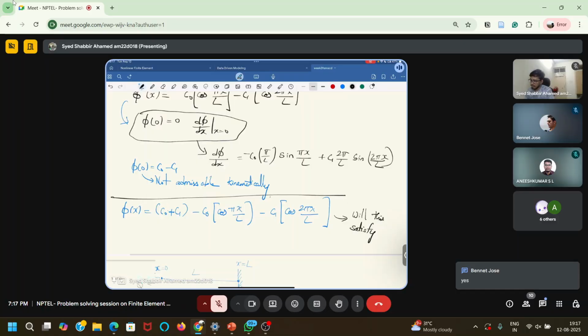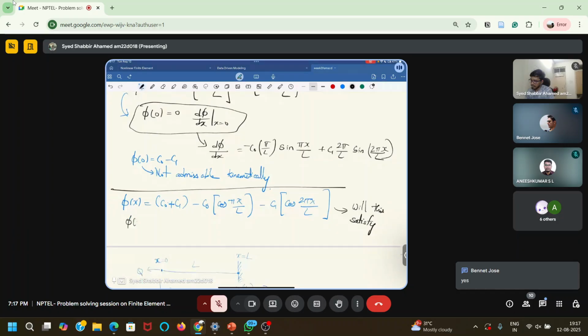Yes, because if you substitute x equals 0 here, you will get C naught plus C1, and you'll get minus C naught minus C1. So C naught plus C1 minus C naught minus C1, you'll get 0. And d phi by dx is already the same thing, so that will also get satisfied. So both the essential boundary conditions are getting satisfied.